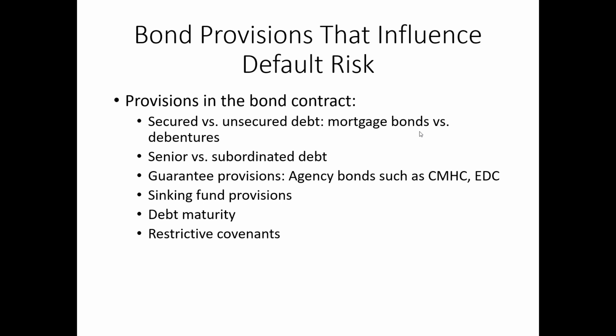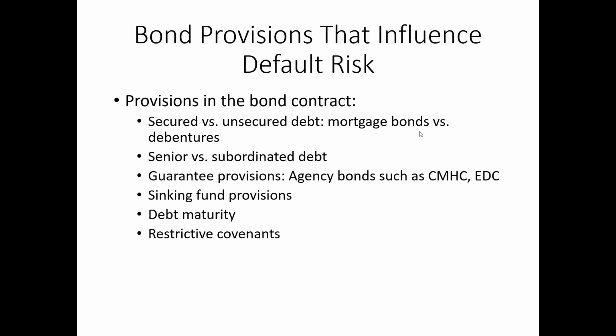And restrictive covenants: you have to maintain a certain amount of cash on hand. You can't borrow more. You can't have a debt-asset ratio above a certain level. So anything where you can't borrow extra money without our permission or whatever, right?